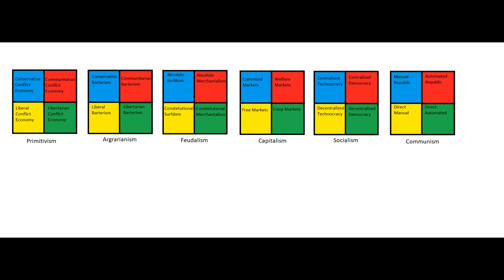We then have centralized technocracy and centralized democracy at the top, and that's where you have a mostly top-down planned economy, where either the whole thing is planned from top to bottom, every detail from the biggest project to the smallest workplace plan, or most things are planned top to bottom. Decentralized technocracy and democracy is where most things are planned bottom to top.